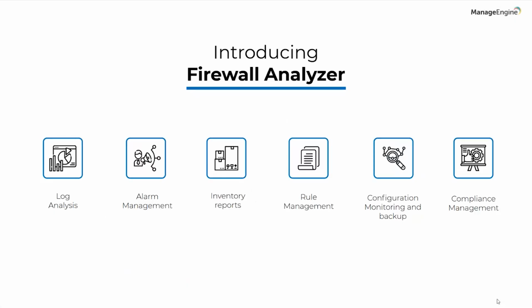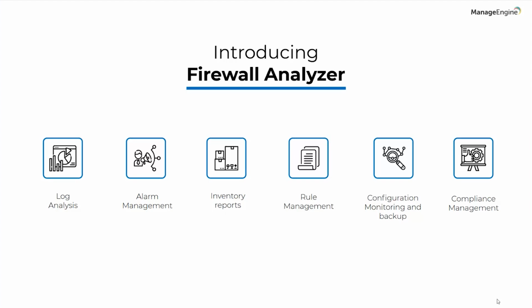Firewall Analyzer is a comprehensive log, policy, and configuration monitoring tool with a major focus on log analysis. It offers a wide range of features, from generating detailed log reports that track security and traffic logs, to real-time alarm notifications and management features for security and bandwidth anomalies. It also includes inventory reports for each firewall device added, along with their performance metrics, and offers intelligent rule management for optimizing firewall rules.